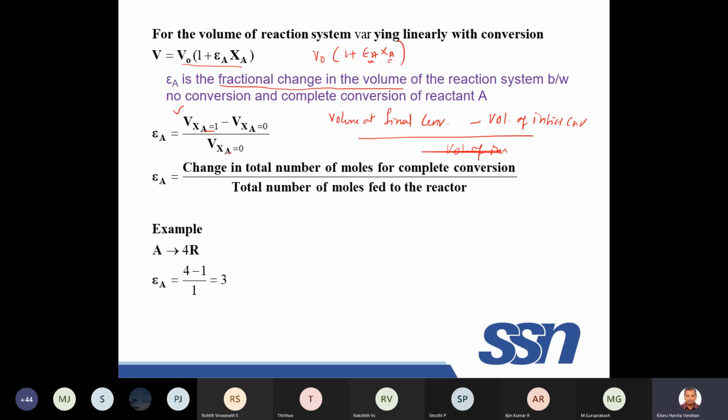At initial conversion, your XA is 0. At final conversion, your XA is equal to 1. So epsilon A is V at XA equal to 1 minus V at XA equal to 0, divided by V at XA equal to 0.